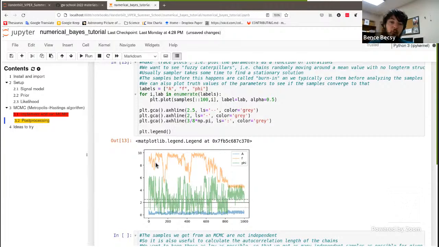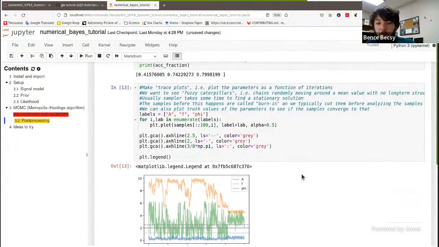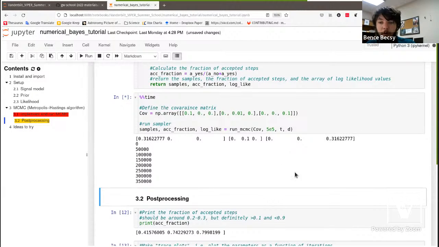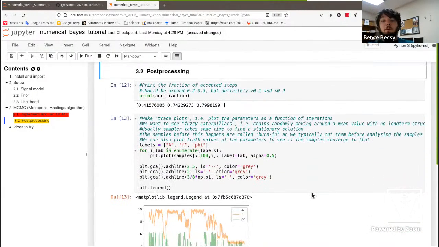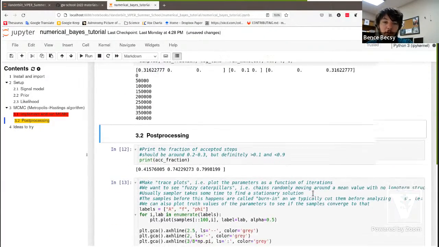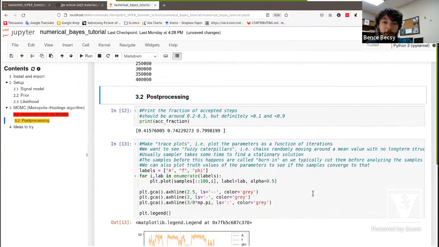These are the parameters as we move along in the iterations. So you would want to see these converge to these values, and then just move around them. I guess with these jumps, maybe it just gets stuck in a minimum. Last time it worked for me, so hopefully a longer run will be better.